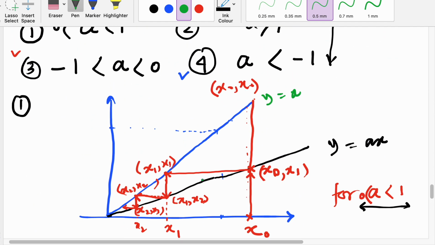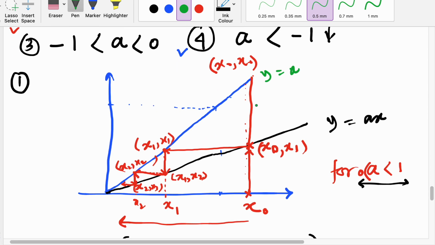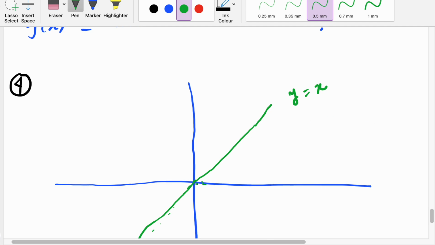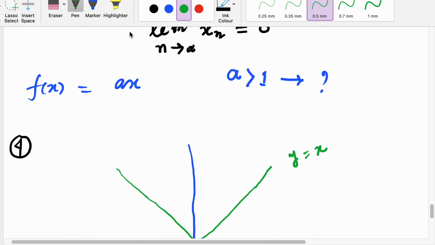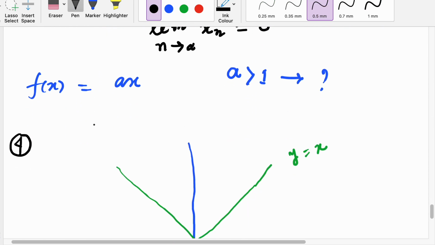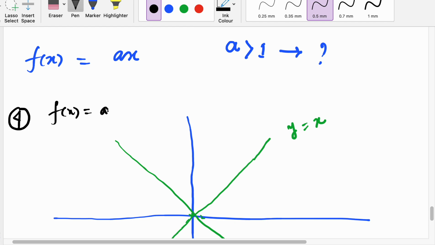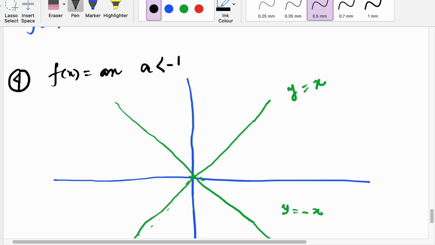Let me also draw y equal to minus x. Now I have to draw the line f(x) equal to ax, where a is less than minus 1.